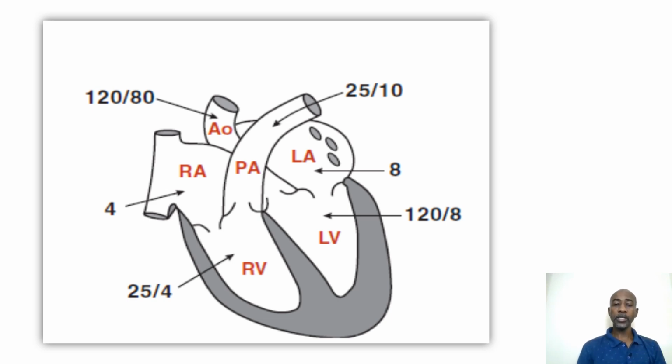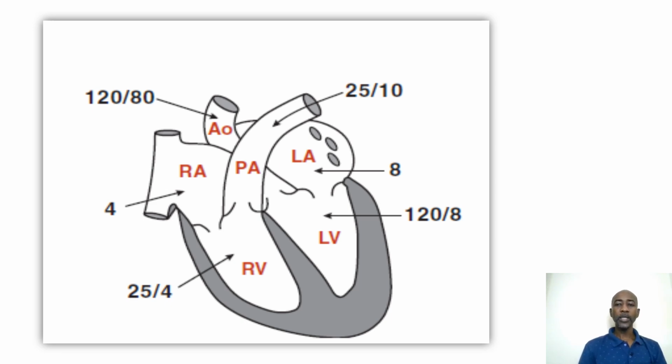But you notice that we have the mean pressures that are depicted here as well. And we already know that there is this memorable pressure. It's 120 over 80, being systolic over diastolic.